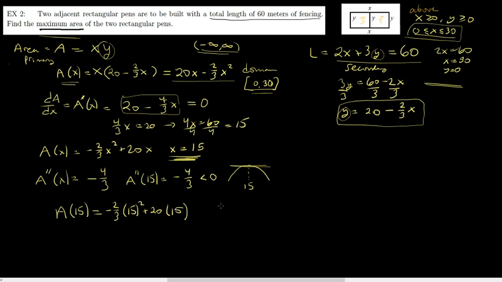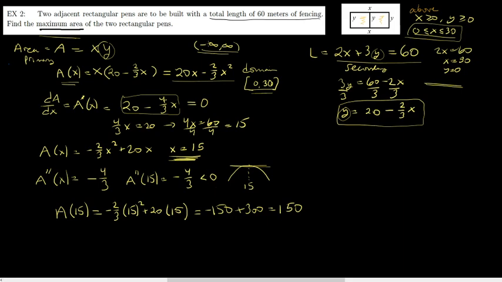I call it a pen, but it's a stylus. So I'm just going to bring up a calculator here. So 15 squared is 225, divided by 3 times 2, so we get negative 150 plus 300, which I think is 150.